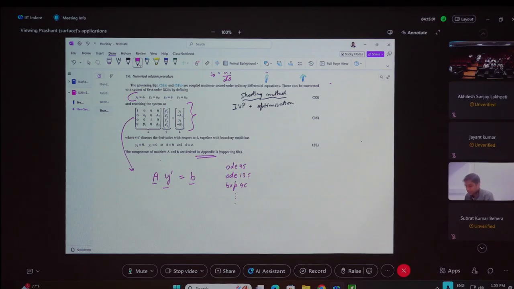Okay, so maybe I'll just quickly go into a small detail with that.